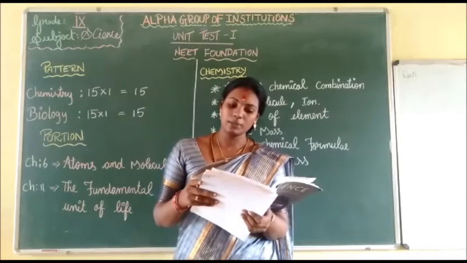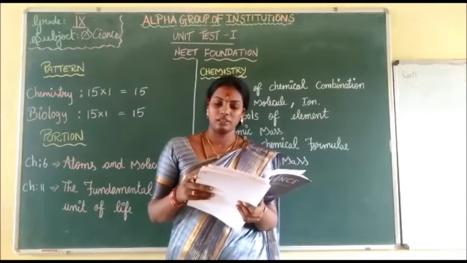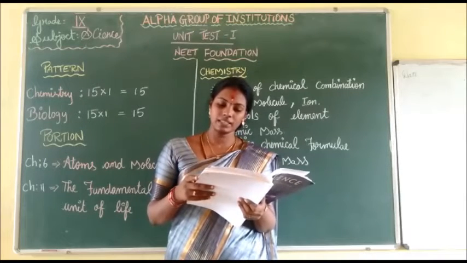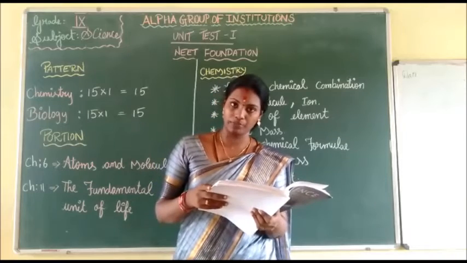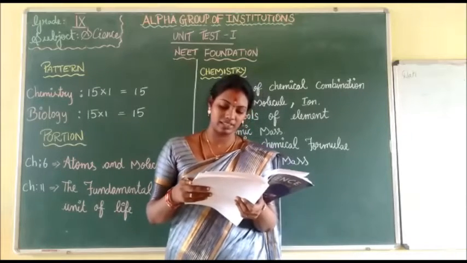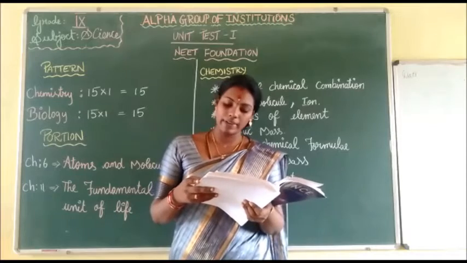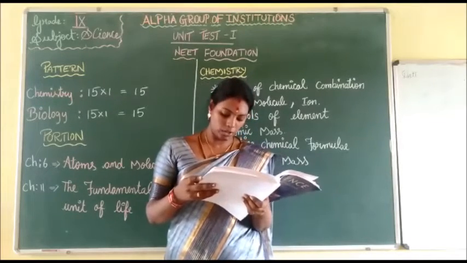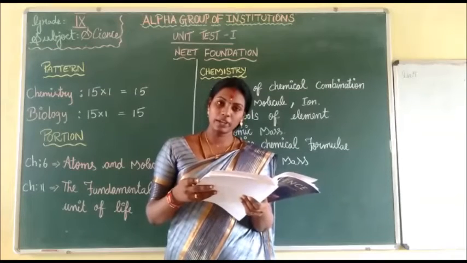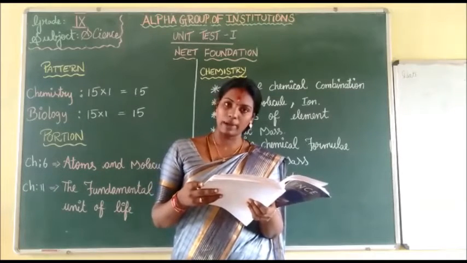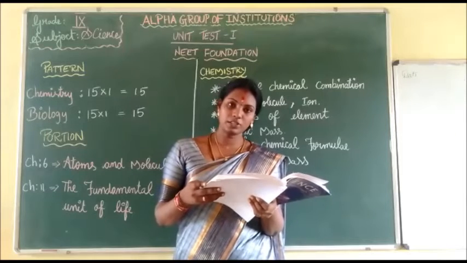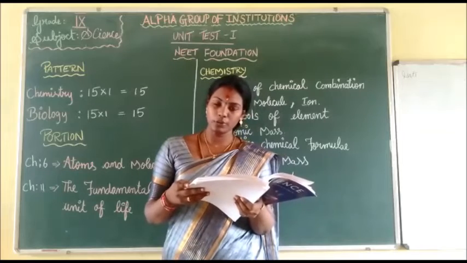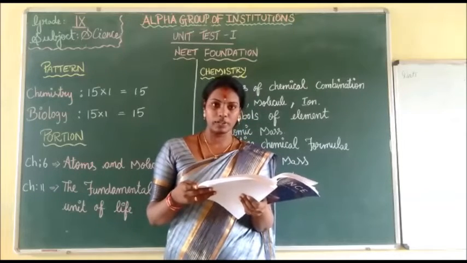John Dalton was born in dash: 1793, 1856, 1766, or 1834. Yes, it is 1766. What is the Avogadro number? 6.023 into 10 to the power 23, 6.023 into 10 to the power minus 23, 6.022 into 10 to the power 23, or 6.022 into 10 to the power minus 22.